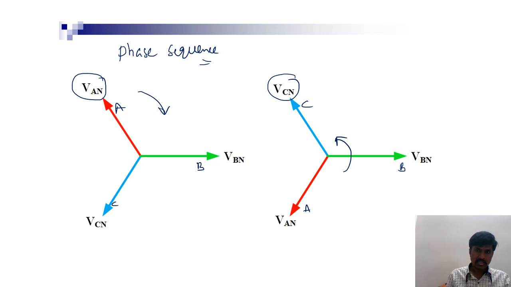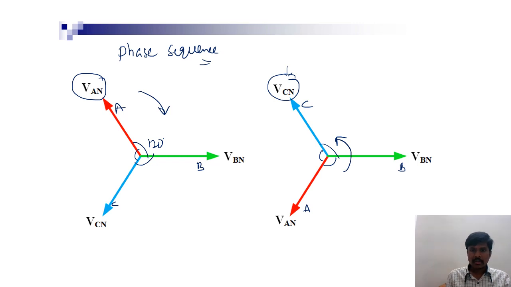Phase voltage means the voltage between phase and neutral is nothing but phase voltage. So this is the phase sequence which we are going to consider to represent a three-phase AC system. And every phasor is having 120 degrees displacement in any phase sequence.